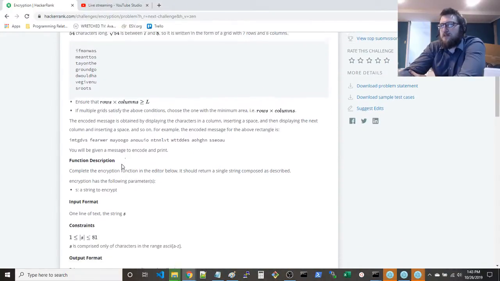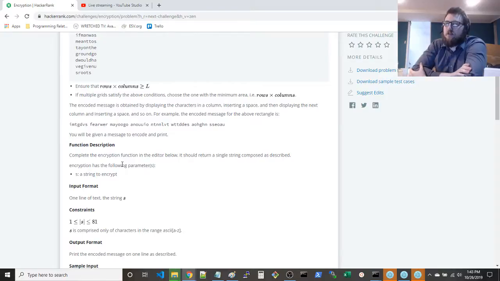The encoded message is obtained by displaying the characters in a column, inserting a space. Okay, so you get to create this grid. The encoded message is obtained by displaying the characters in a column, inserting a space, and then displaying the next column and inserting a space, and so on. So you would take this column.